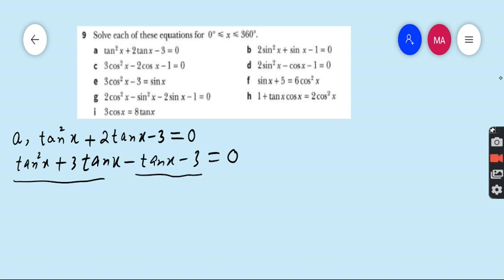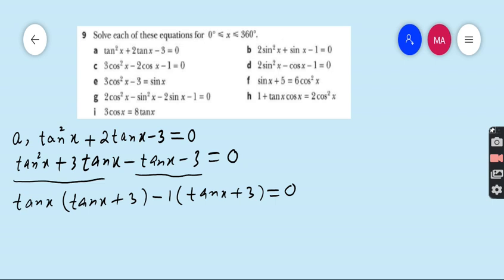First two terms, last two terms. Taking tan x common from the first two terms, we get tan x plus 3. Taking minus 1 from the other two, we will have tan x plus 3 is equal to 0.